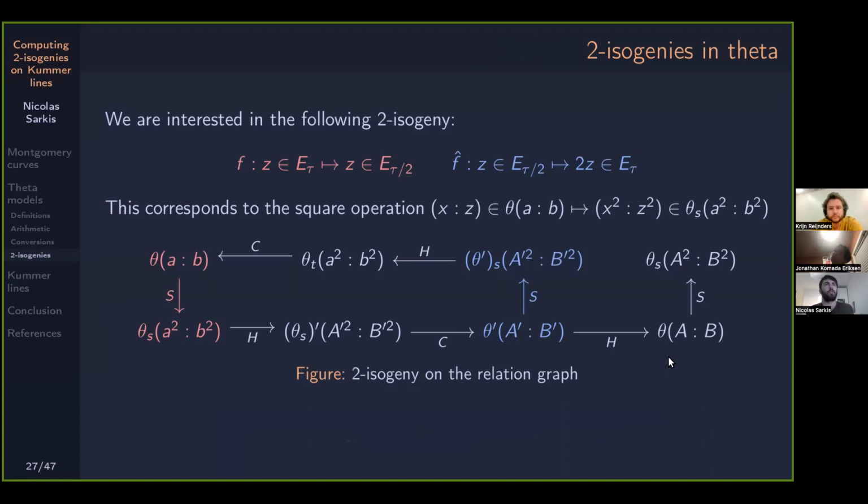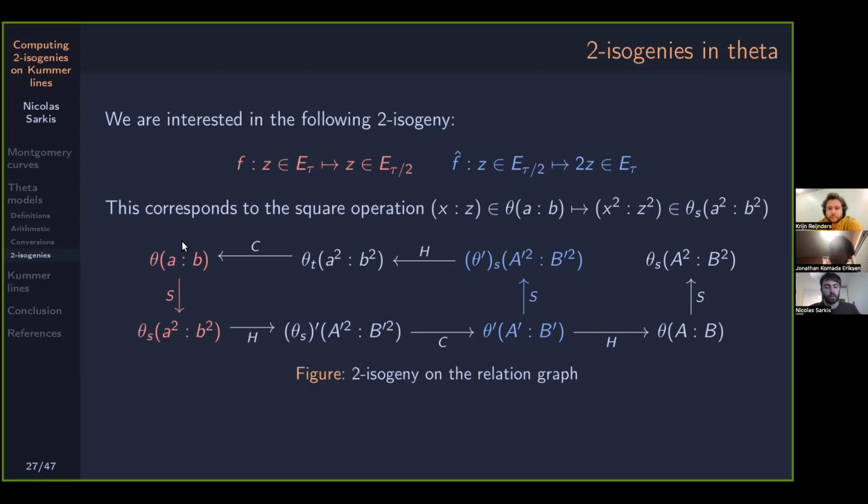And what we saw earlier is that when you square the coordinates theta i on a theta model corresponding to E tau, you end up on the theta squared model corresponding to the curve E tau over 2. So this is the operation that will be our isogeny.